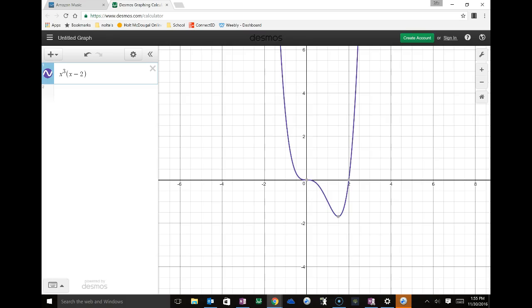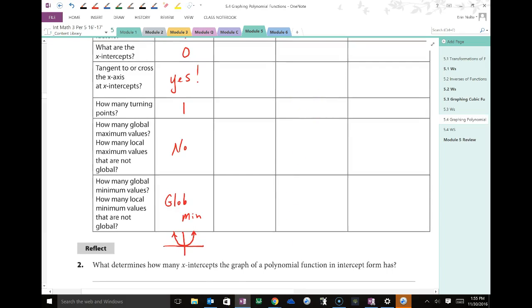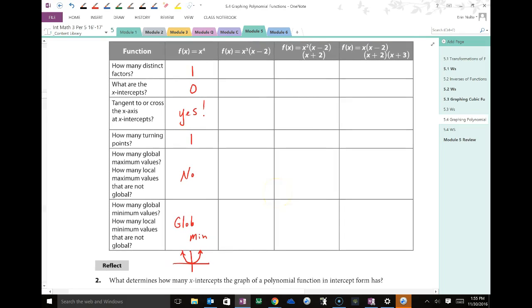It has end behavior going up. It's like a funky parabola where we got a lot more happening. Okay, so if we talk about the features of this one. This is the most broken graph I've ever seen.